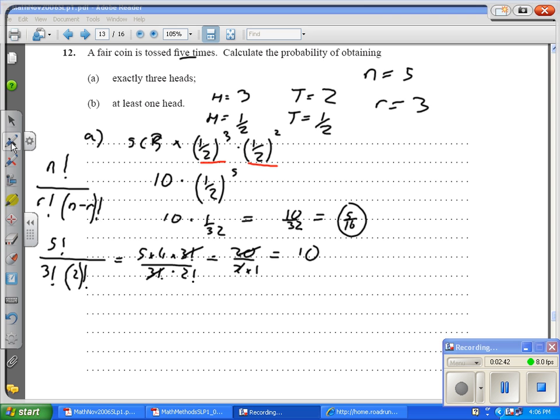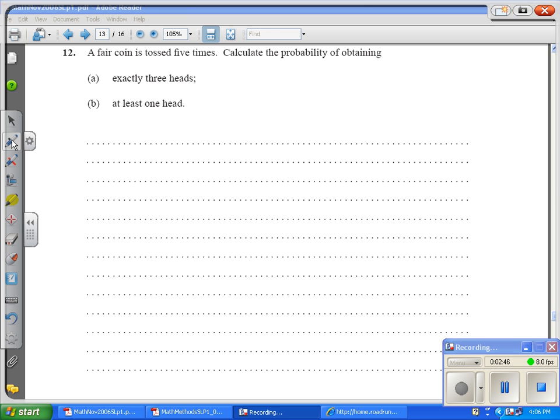Now, for part B, at least one head. So now let's just write the things again. N is equal to 5. This time, R is equal to at least one head. So it should be 1, 2, 3, 4, and 5.